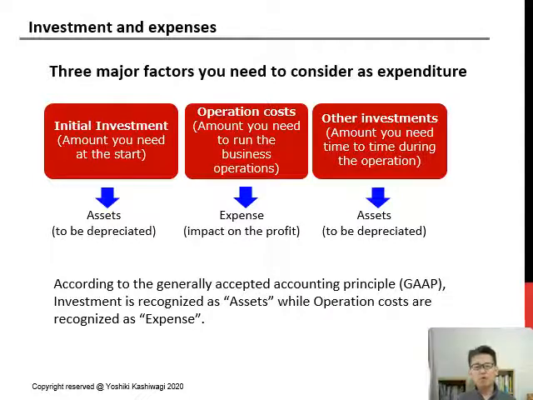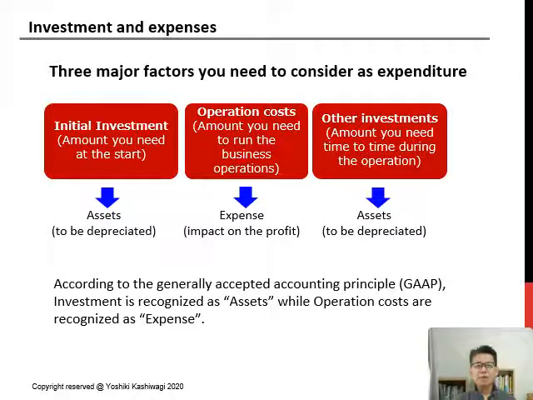Okay, what is the main difference between investment and expenses, or cost? The main difference is once you make an investment by paying some cash, the investment will be your asset. Sometimes this is a physical or tangible asset. Sometimes it's not tangible, but the asset will be recognized on your balance sheet, not profit and loss as an expense.